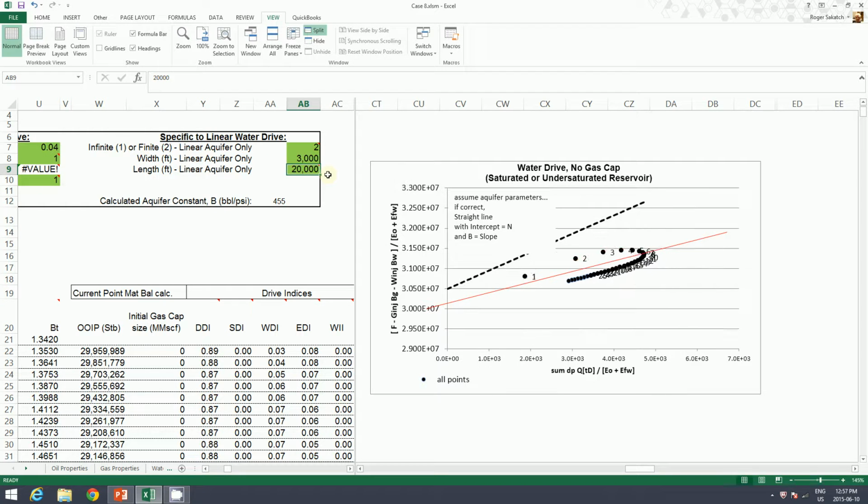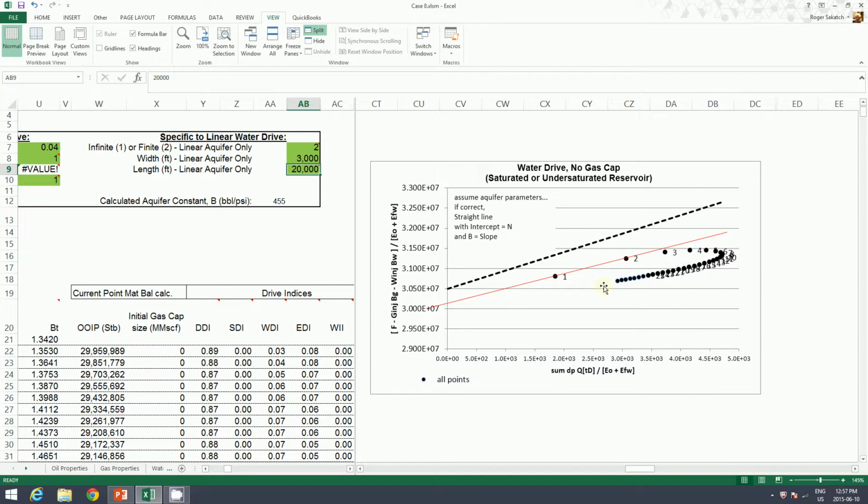So if I hit enter there, what you see is a curling over of the data points. And again, the whole concept with this material balance procedure is to try to come up with a straight line. Clearly this isn't. And in this particular case, 20,000 feet is too long.